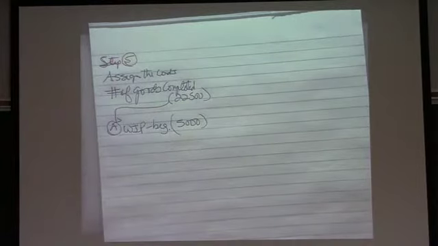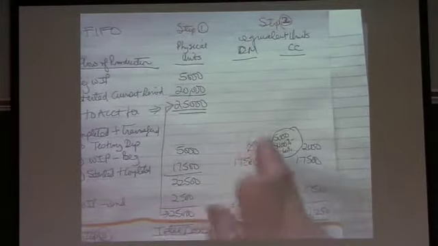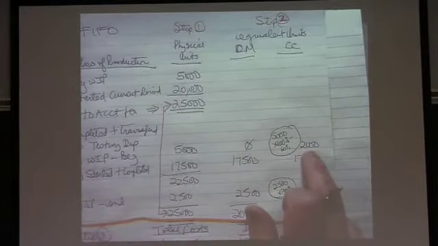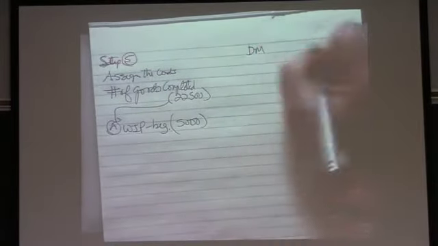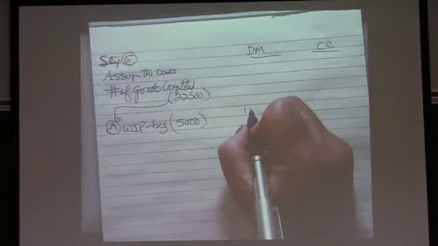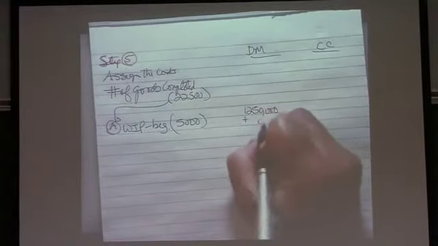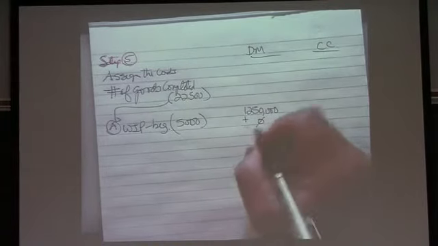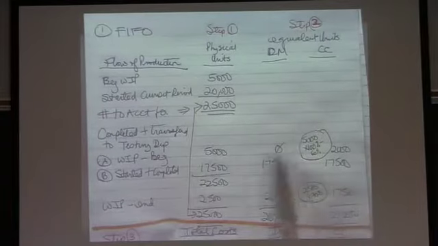Okay, so those 5,000 units, we know that they incurred 0 direct material, so 1,250,000 plus 0, because we had 0 equivalent units for direct material for that 5,000.